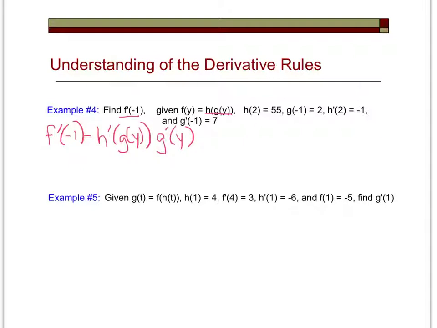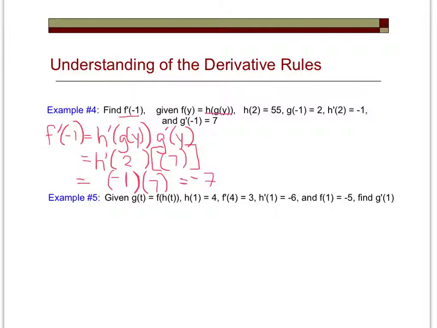Okay, so now I'm going to substitute the values for what I know, and we know y is negative 1. So we have to take the derivative of g at negative 1. So g at negative 1 is 2. And then the derivative of g at negative 1 is 7. Okay? Now kind of keep that separate because, order of operations, I still have to take the derivative of h at 2, which is negative 1. So I have negative 1 times 7, which would give me an answer of negative 7.